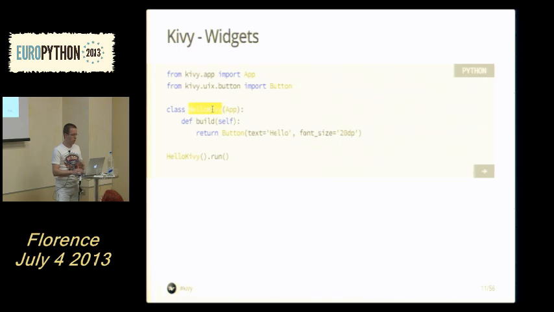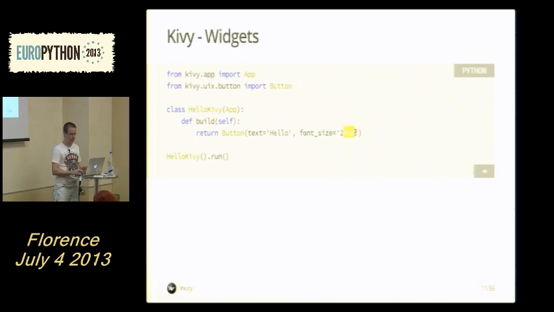You will create your own class, subclass of App, and then you need to implement a build function. In this build function, you need to return at least your root widget, the widget that will be displayed in your window.